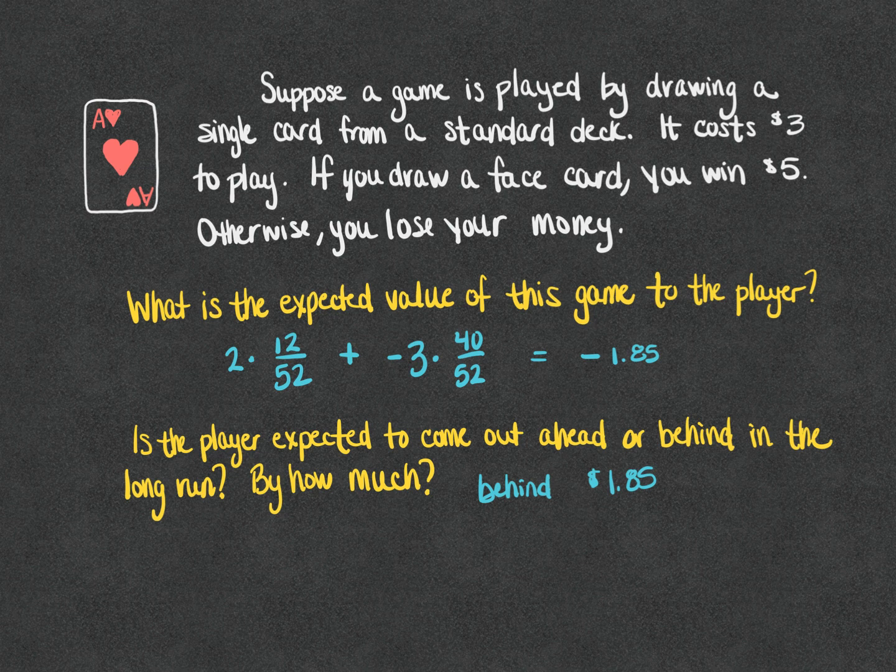But if you were to play this game over and over, or let's say a casino was going to feature this super exciting game at their casino, in the long run, players would lose $1.85 on average, which means the casino is gaining $1.85 on average for every person they can get to sit down and play this game.